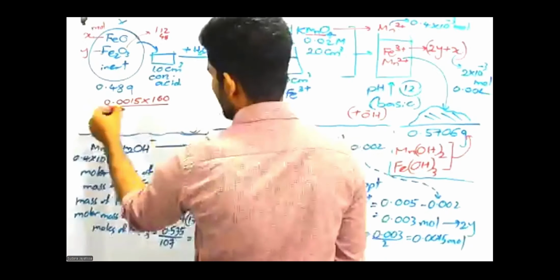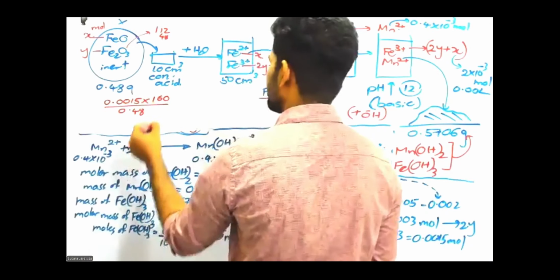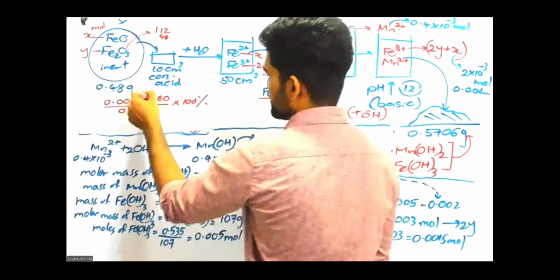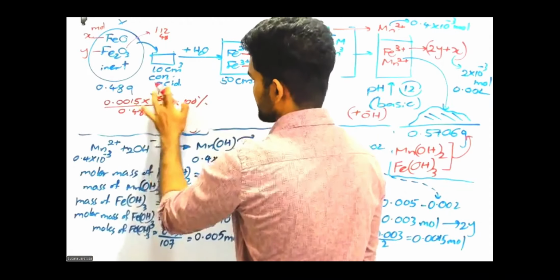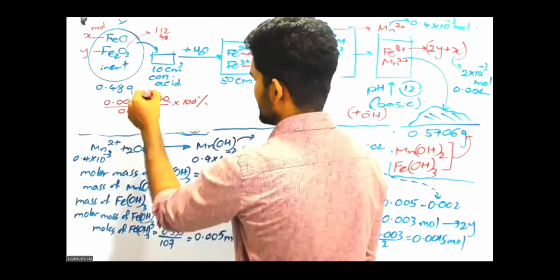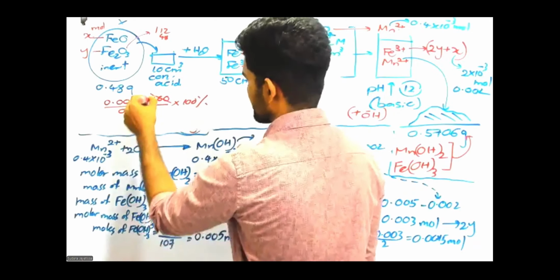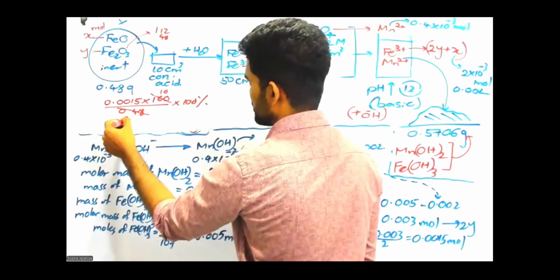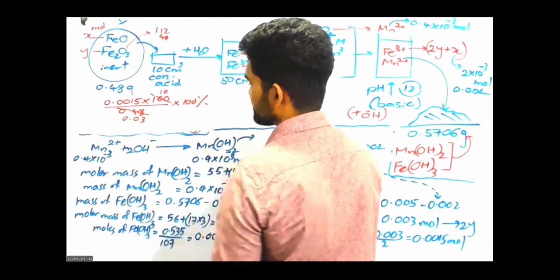And it's divided by 0.48 into 100%. So this is divisible. You can divide this one by 16. So it is 10, and this one divided by 16 gives 0.03.